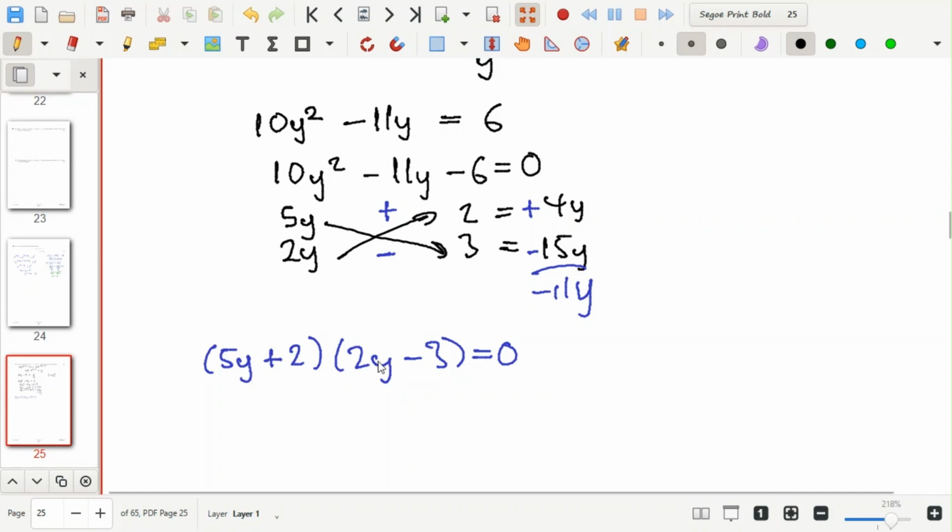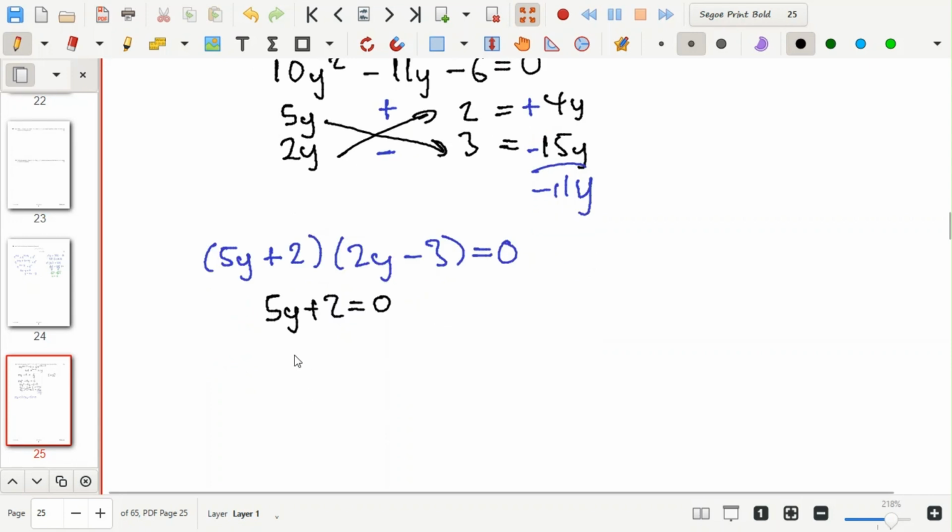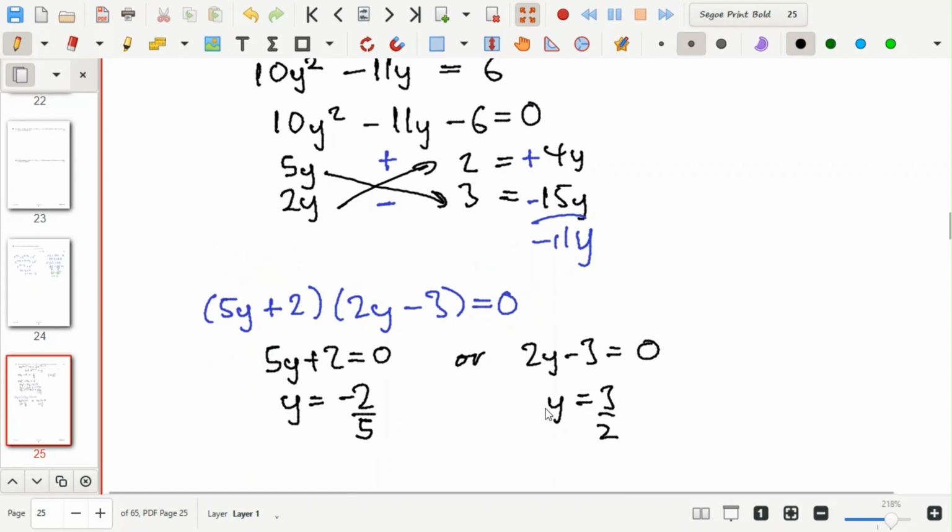So you bring the same operations here. Now, when you have this, you're going to get y is negative 2 on 5. When you have this one too, you are going to get 3 on 2. Now, which of these do you think will work and why?